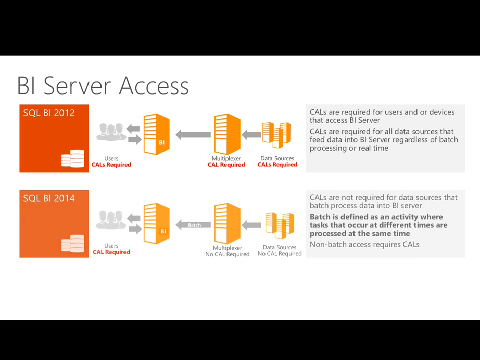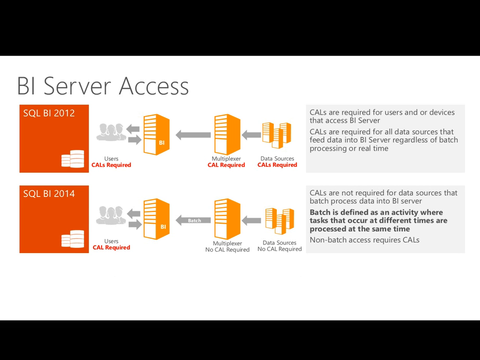Now here's the new licensing for SQL Server 2014 BI edition. As you can see, the multiplexer does not require a client access license as long as it's a batch process. Batch is defined as an activity where tasks that occur at different times are processed at the same time.